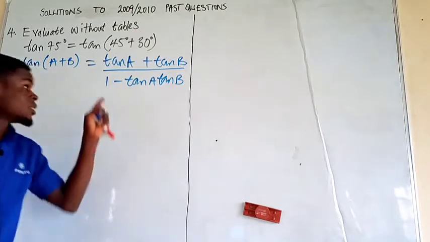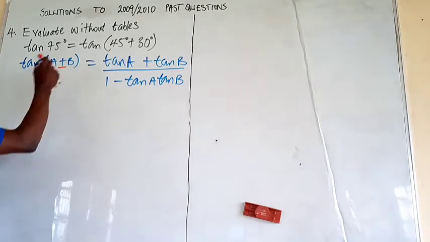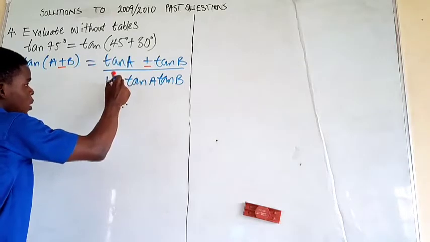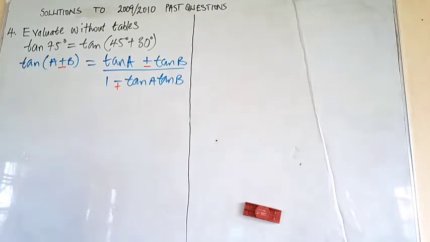When we have the difference, the signs are reversed: minus on top and plus at the bottom. That's just for next time, right?